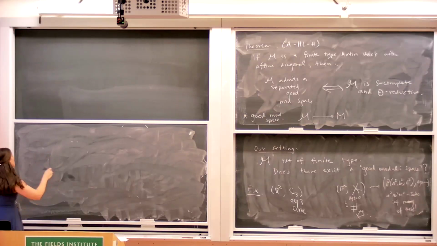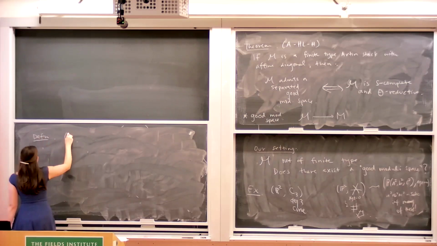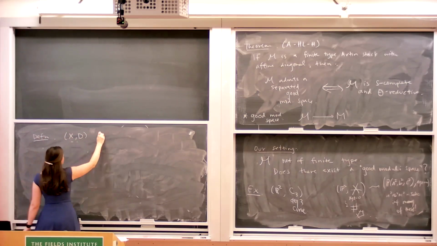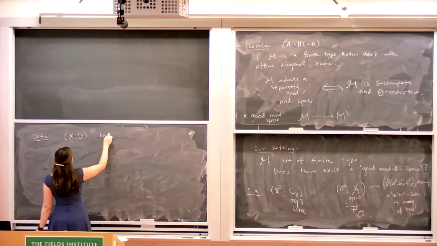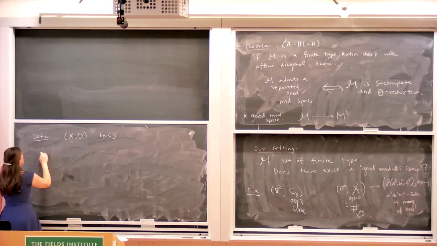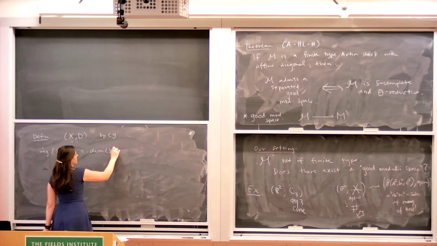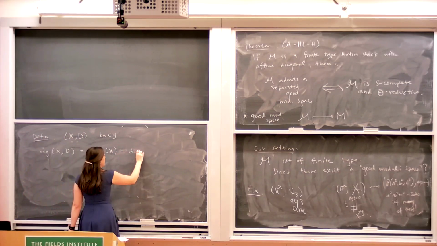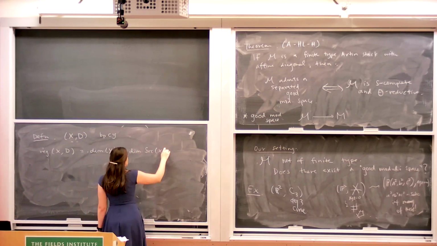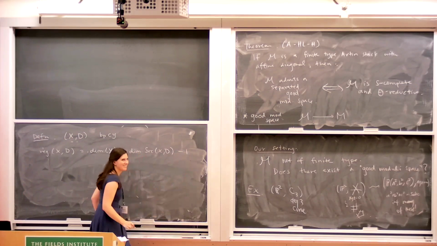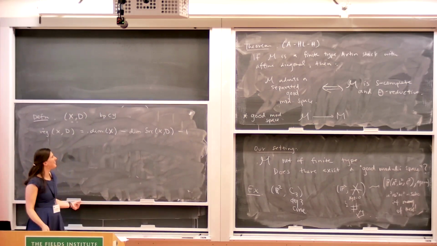Everything is finite type. So I guess we could say the definition, let's say X, D. You can put a delta here, but let's say it's one of our boundary polarized Calabi-Yau. I mean, this exists in more generality, right? But the regularity of X, D is the dimension of X minus the dimension of the source minus 1, if I got all the minuses correct.